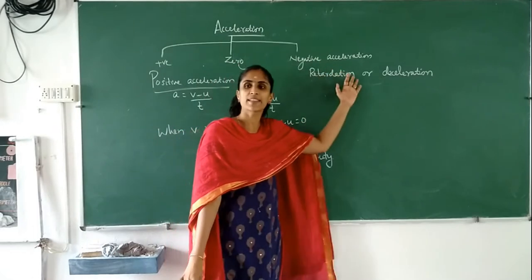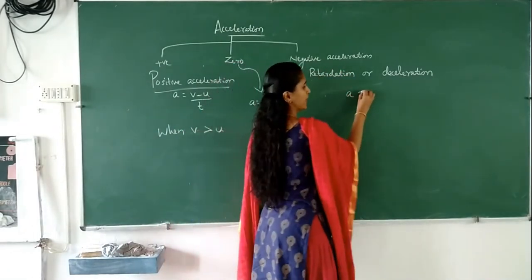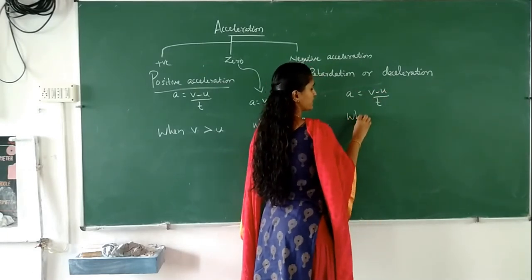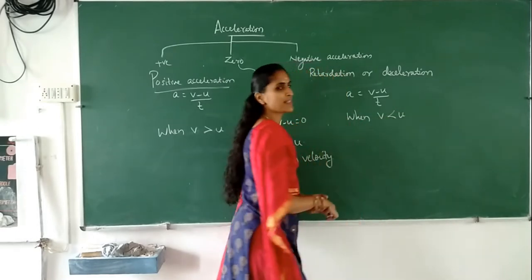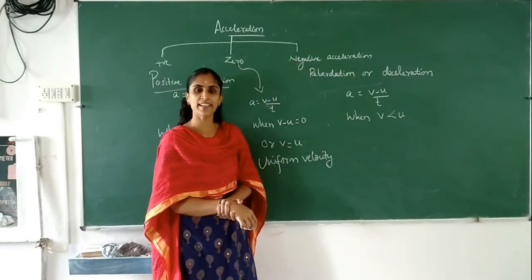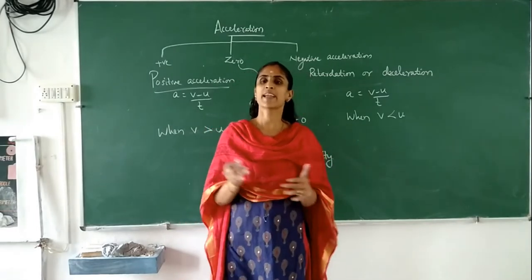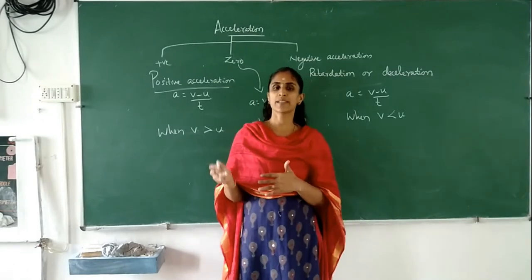Now easily you can say when the acceleration will be negative. When it will be negative, A is equal to (V minus U) by T. So when V is less than U, which means when the final velocity is less than initial velocity. For example, a train moves at a speed of 100 km per hour.